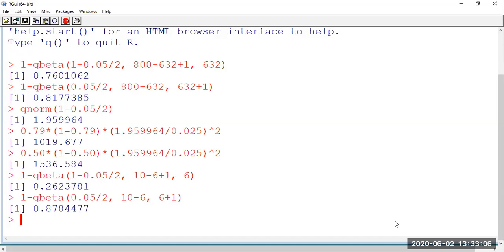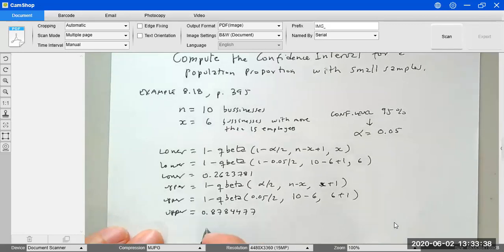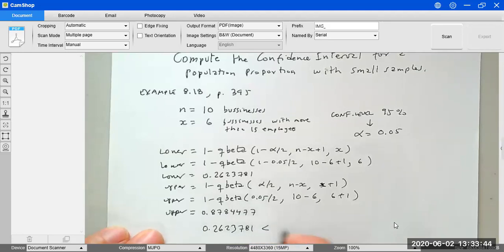So the lower limit is going to be 0.2623781, and the upper one is going to be 0.8784477. So that means that the confidence interval for this proportion is 0.2623781 less than p less than 0.8784477.